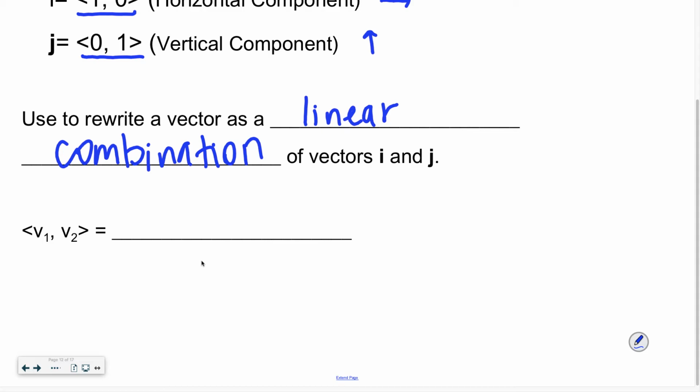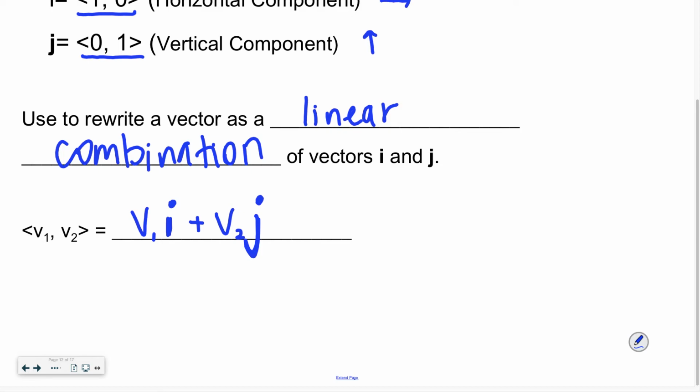Our horizontal component is v sub 1. Our vertical component is v sub 2. So instead of writing this, we could write v sub 1 times vector I plus v sub 2 times vector j. Basically, you take the horizontal component, put it in front of I, plus the vertical component in front of j.